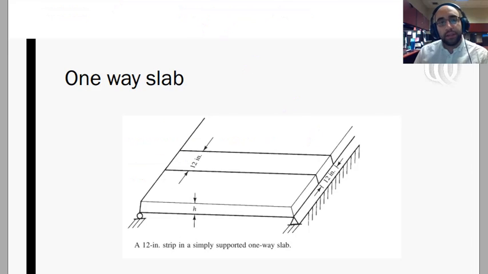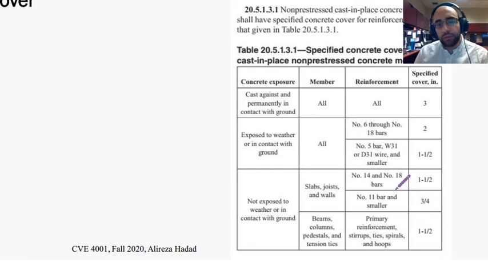So based on this, I have to see this situation, not exposed to weather or in contact with ground. And now I'm designing a slab. So I have to look over here, and then for the first situation, it is number 14 to number 18 bars. And then the second situation is number 11 bars and smaller.